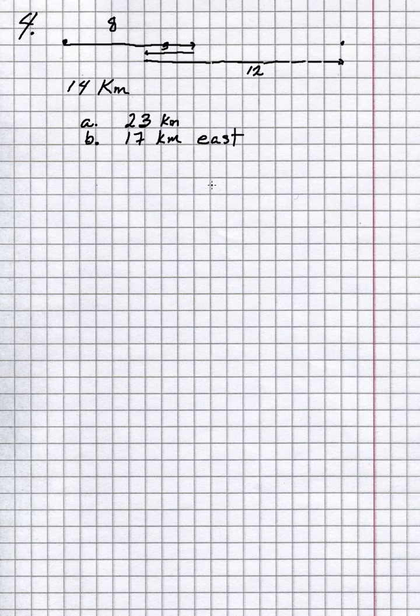Okay, number 5. While following the directions on a treasure map, a pirate walks 45 meters north and then turns and walks 7.5 meters east. What straight line displacement could the pirate have taken to reach the treasure? Draw a picture.